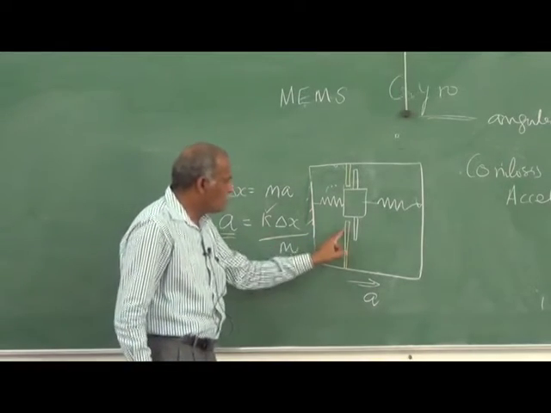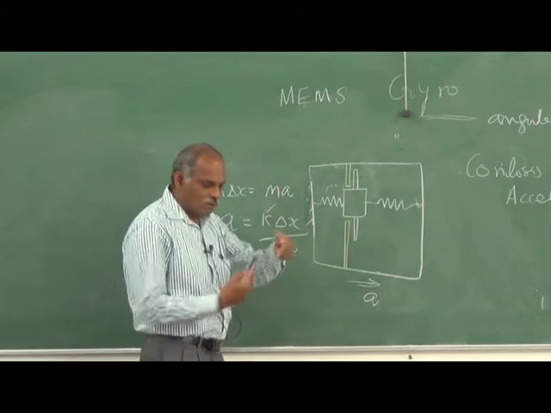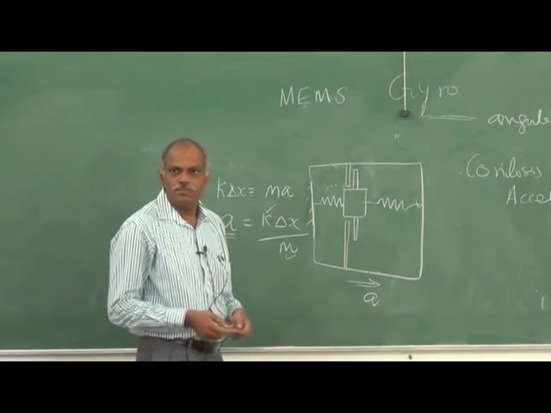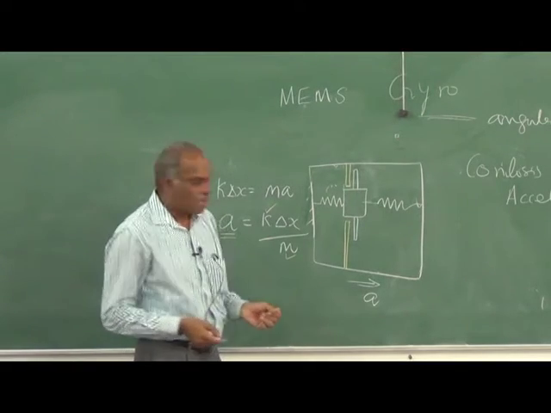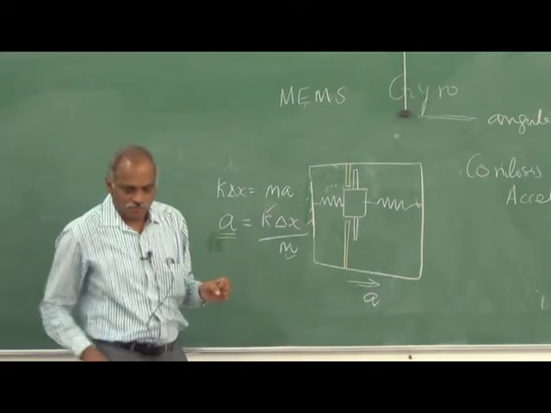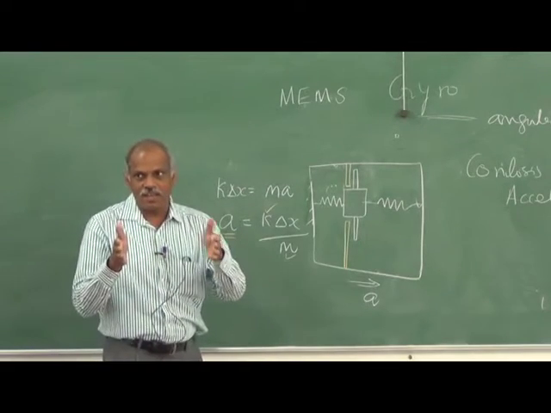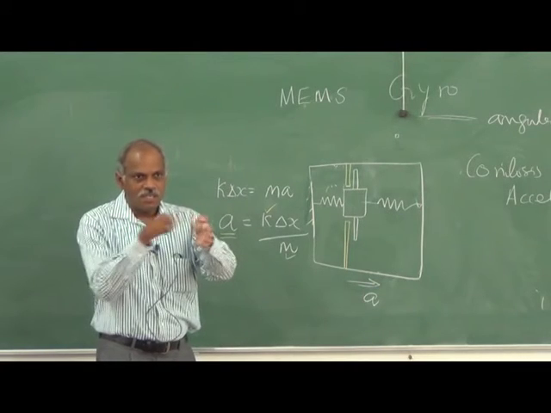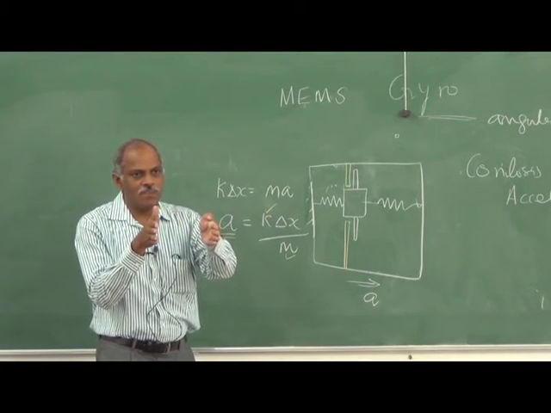And if you think of these 2 extensions as conductive and the gap is filled with a dielectric medium, then electrically you can think of it as a capacitor. You have 2 plates with a dielectric medium in between, so it will be a capacitor.